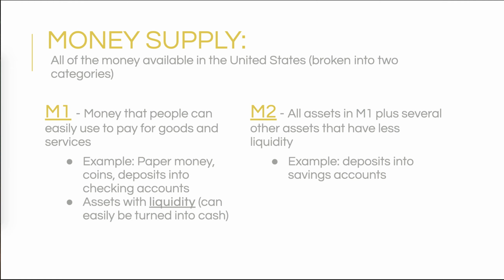The money in M1 is assets with liquidity, assets that can easily be turned into cash. Then we've got M2. M2 is all of the assets that are in M1 plus several other assets that have less liquidity. Deposits into savings accounts, for example, would fall under M2. So the US money supply consists of a combination of M1 and M2.